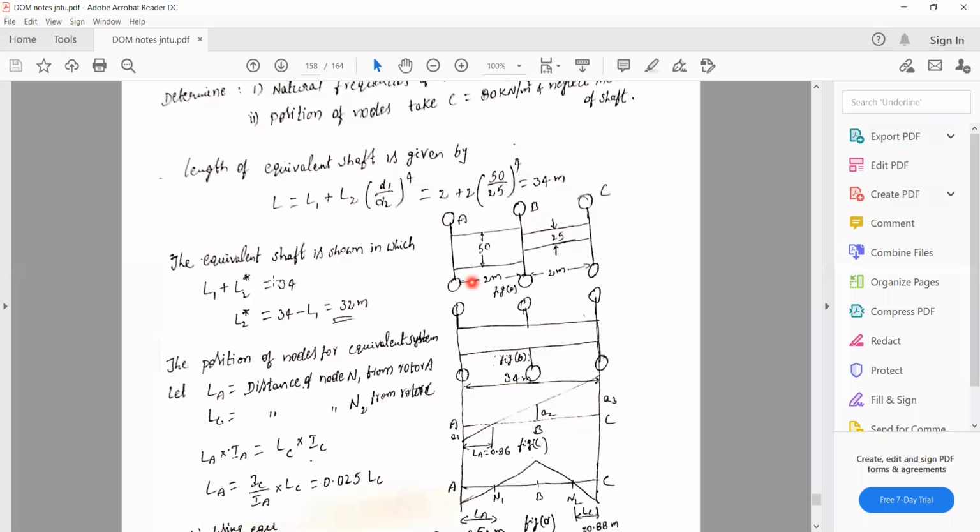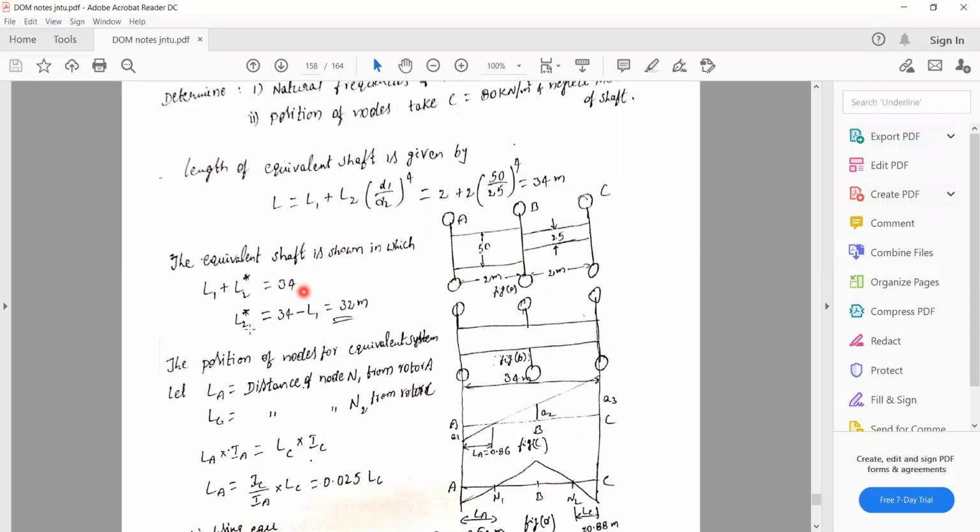Now for the equivalent shaft, as shown, L1 plus L2 star equals 34. Here L2 star is what we are representing. So L2 star equals 34 minus L1.